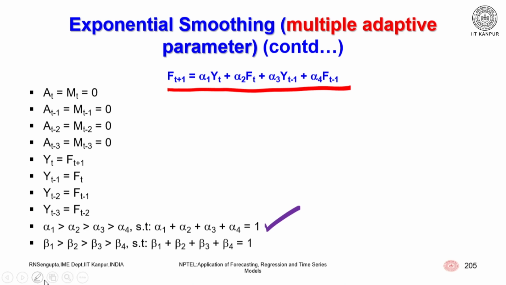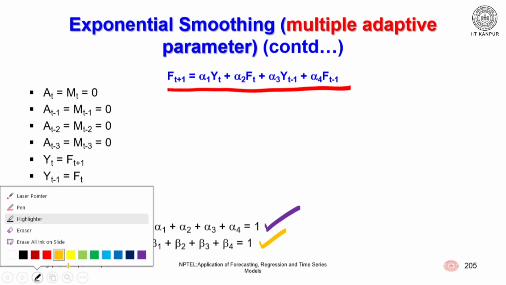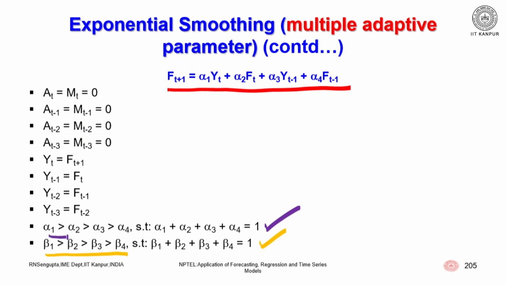Also, it is true that the sum of beta 1, beta 2, beta 3 and beta 4 is also 1, and the condition that beta 1 is greater than beta 2, greater than beta 3, greater than beta 4 obviously comes from the same concept, by the idea of how you are putting the weights alpha 1 to alpha 4, which I am highlighting here. Alpha 1 is greater than alpha 2, greater than alpha 3, greater than alpha 4.